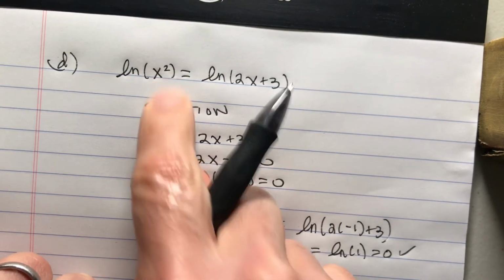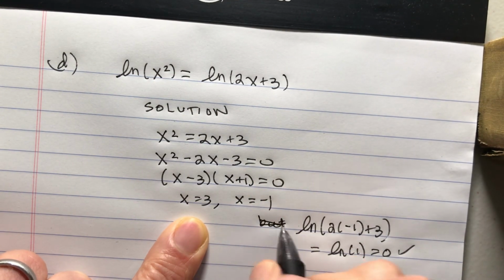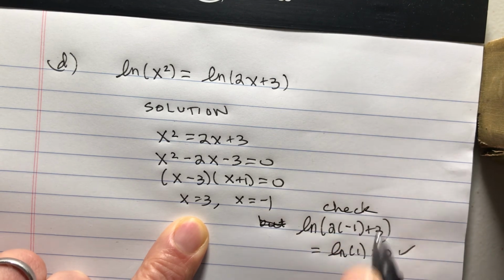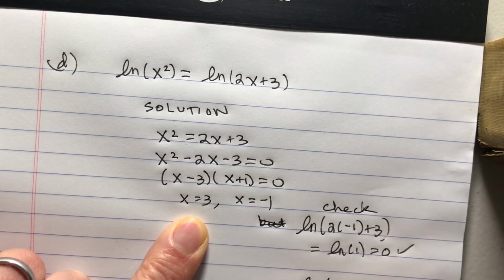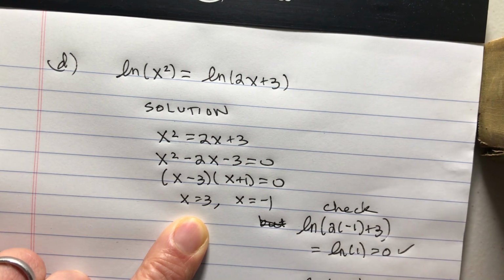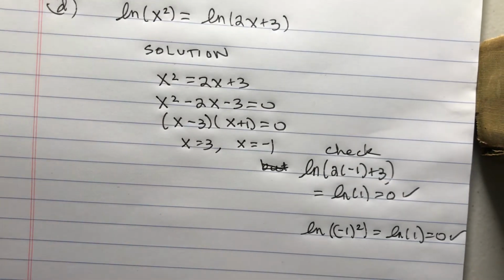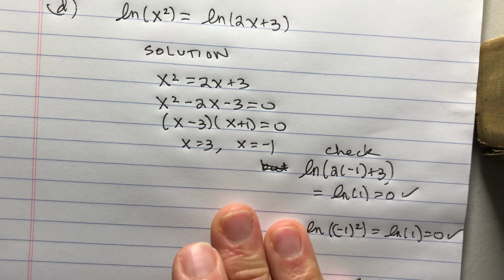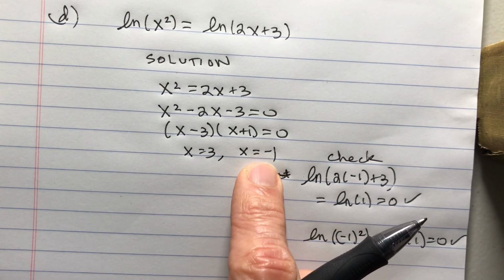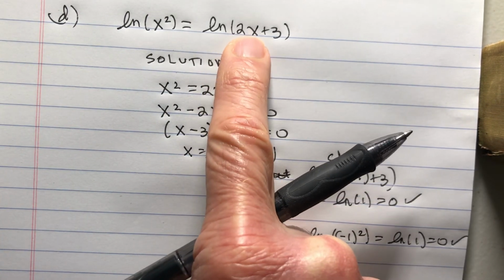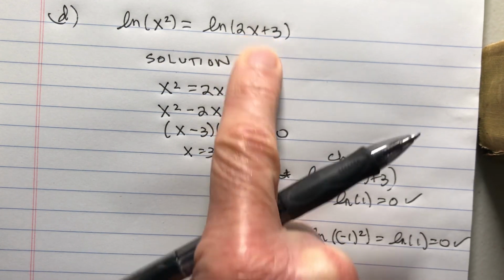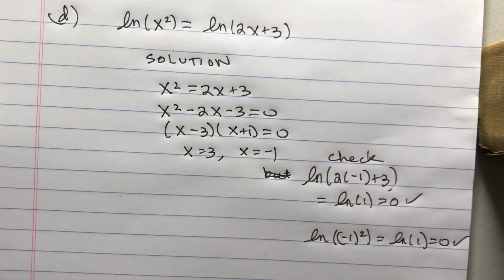If I put -1 over here and I square it, I get ln 1, and that's equal to 0, so that's good too. So actually I was not really following my own advice. Just because it's negative doesn't mean it's not going to work. It's just that when you put in the negative, it has to evaluate to something that's positive, so you have ln of a positive number.